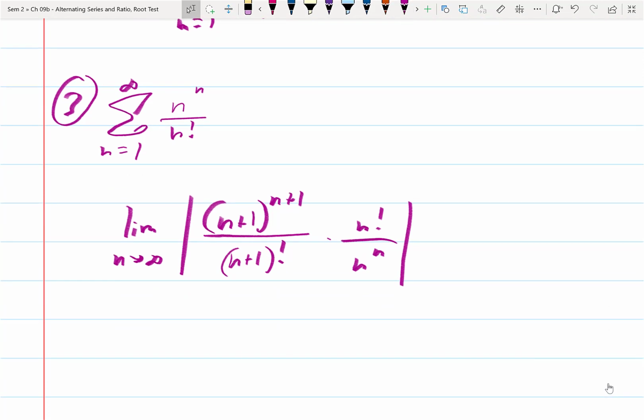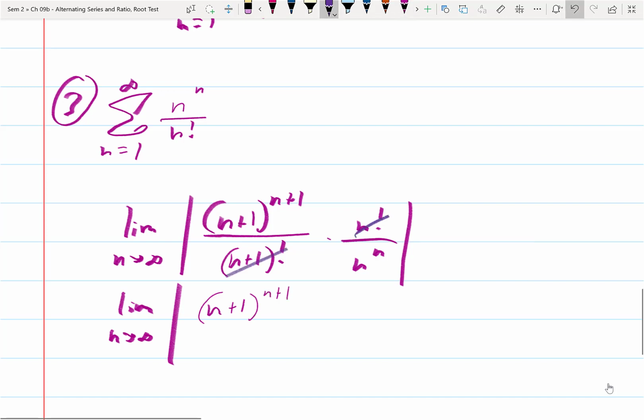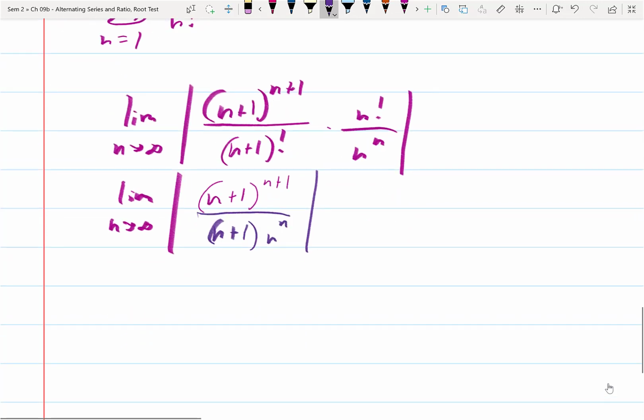Well, I know that if I start to simplify this, and this is kind of the fun part of this, is making the simplifications happen. I have n plus 1 to the n plus 1. I know that these right here cancel to become just divided by n plus 1, because n plus 1 factorial under n factorial gives me n plus 1. And I still have that n to the n right here, so I could knock those out.